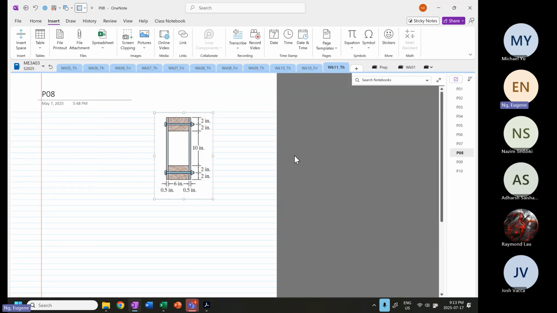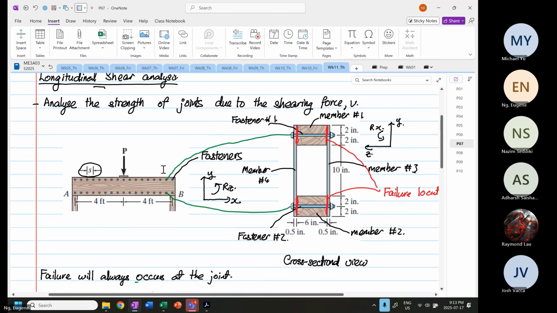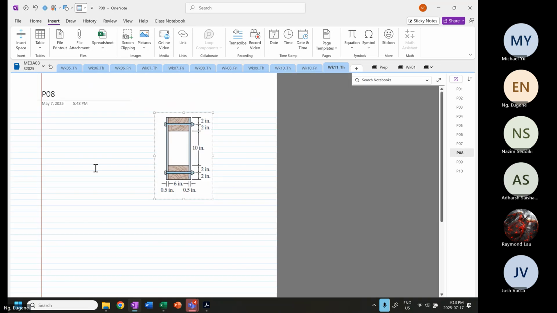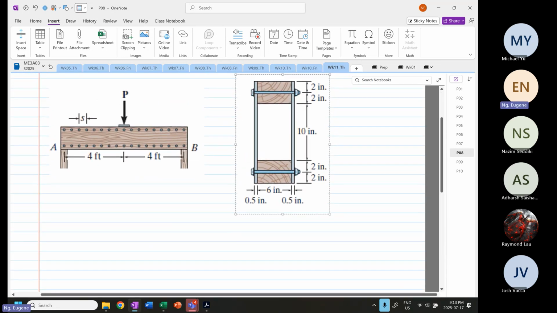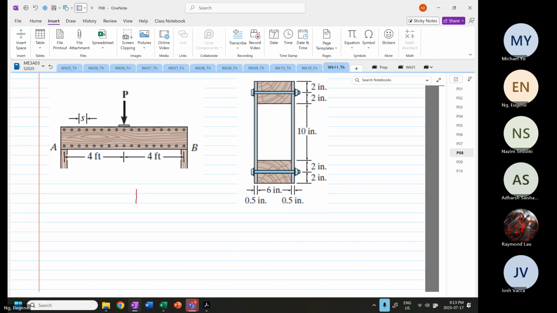Okay, and I'm going to copy this cross section. So we are aware that this is our transformation x1.